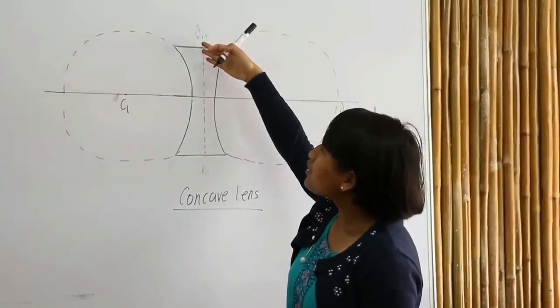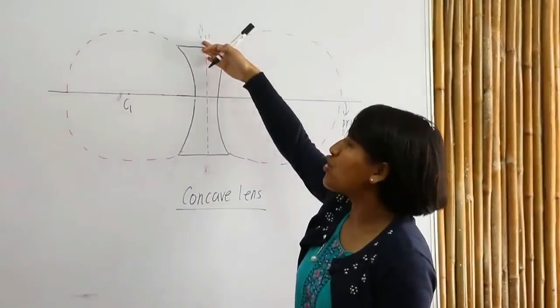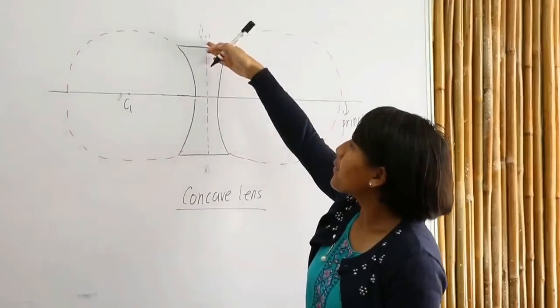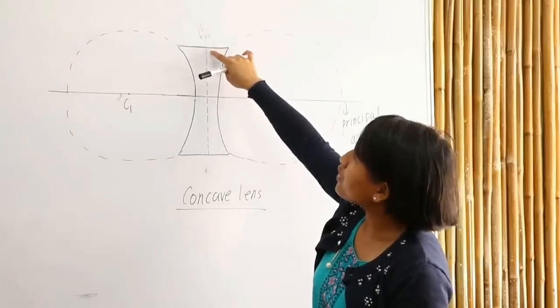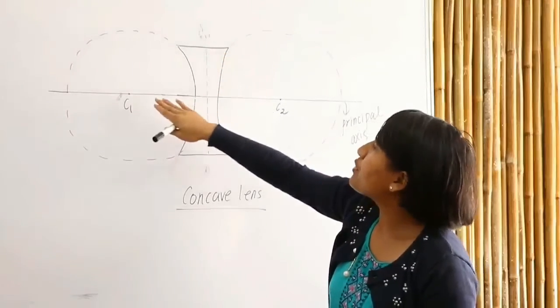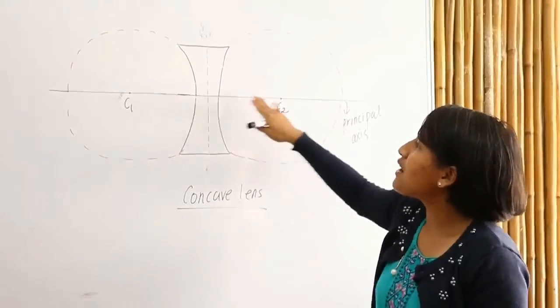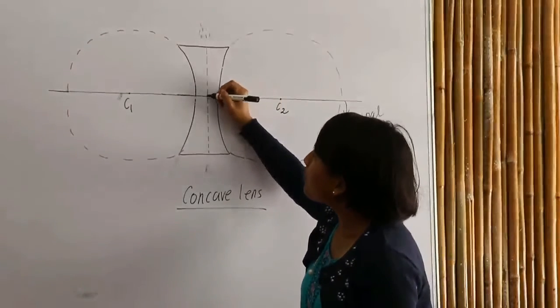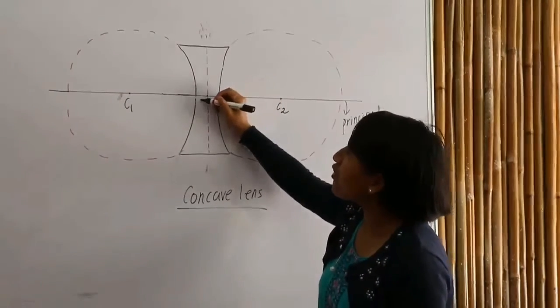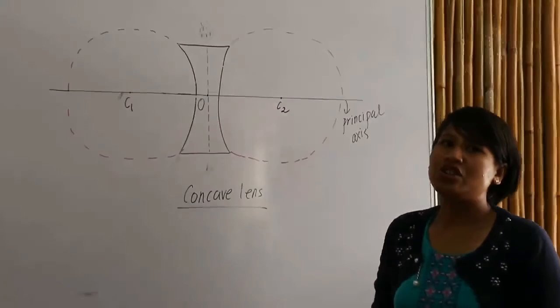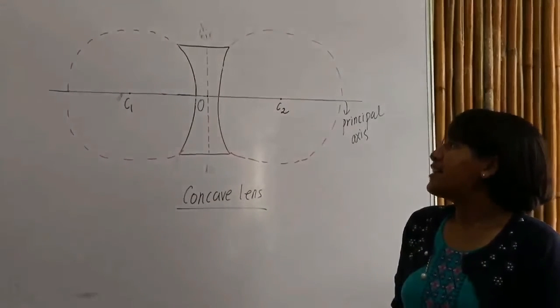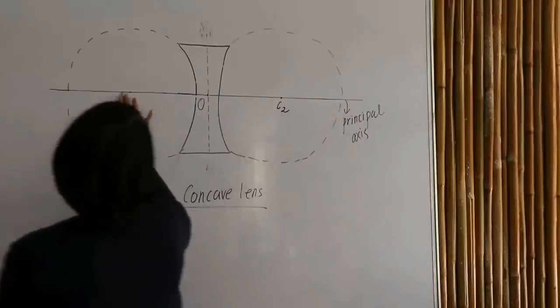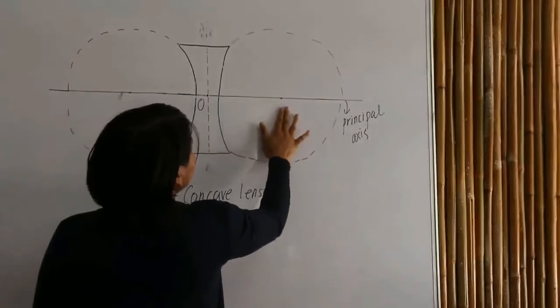Then a line is drawn within the lens, from the aperture, perpendicular to the principal axis. The point where they meet is called the optical center, denoted by capital O. We also have the principal focus.